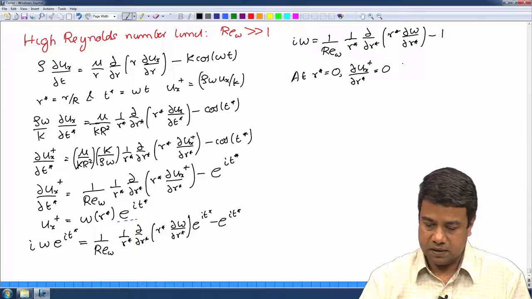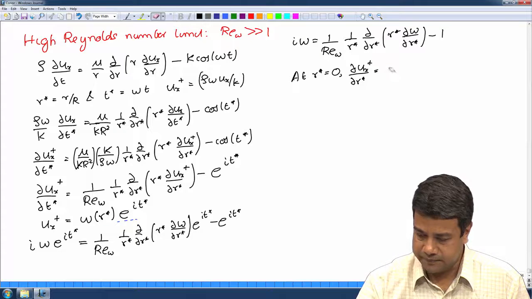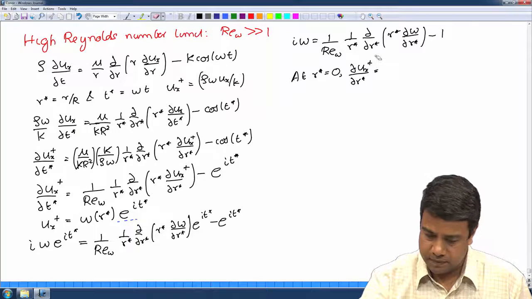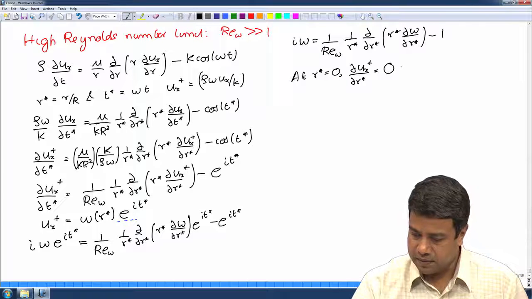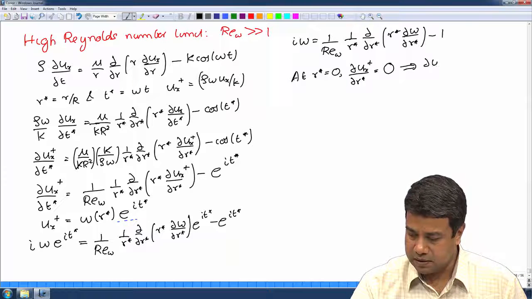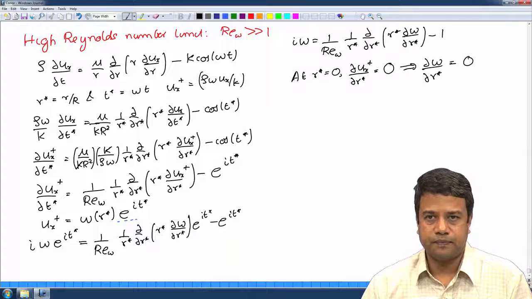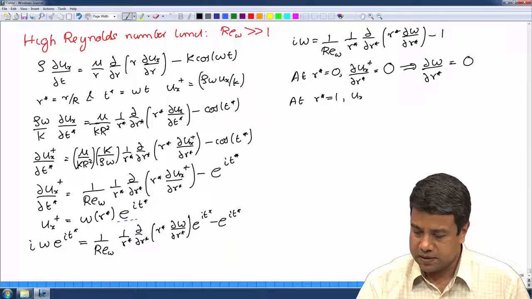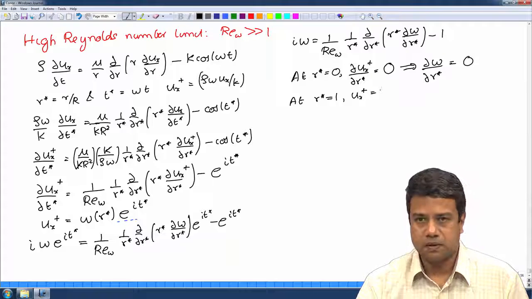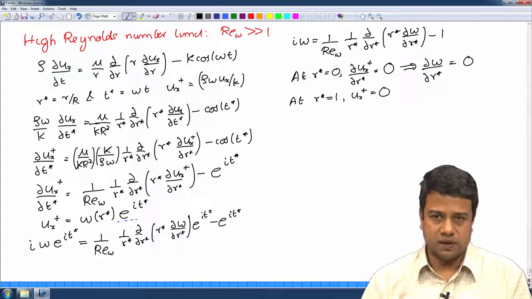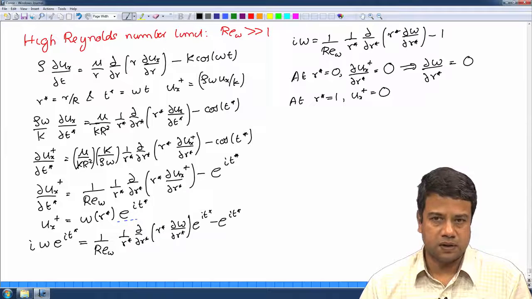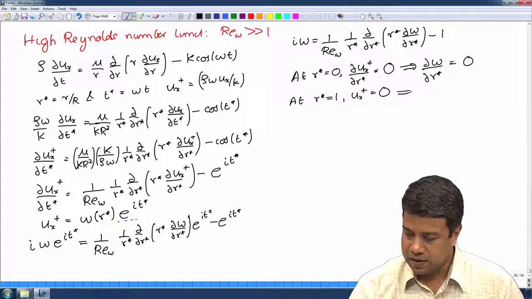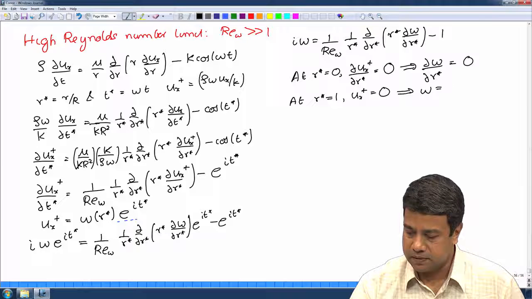The symmetry condition because of the cylindrical coordinate system, and that implies that partial w by partial r is equal to 0. And at r star is equal to 1, ux plus has to be equal to 0, because you have a no slip condition at the wall, and that implies that w is equal to 0.